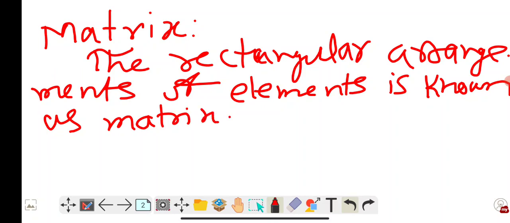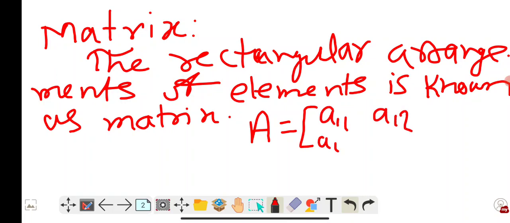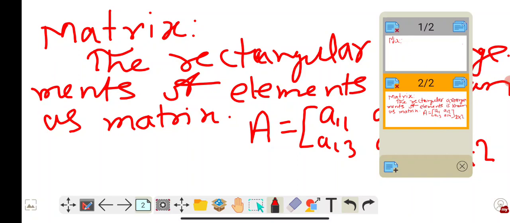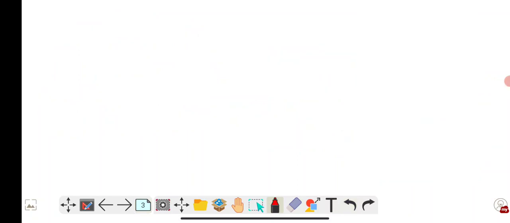It is represented as A equals to A11, A12, A13, A14, of order 2 into 2. Now let's move towards the order of matrix.